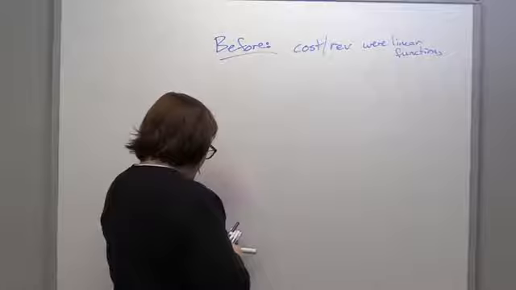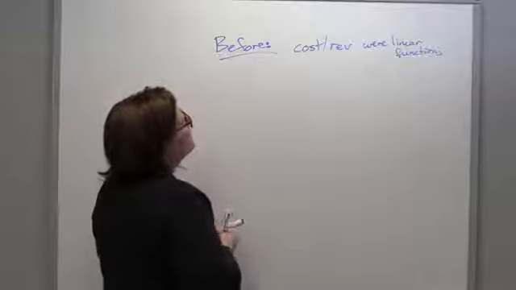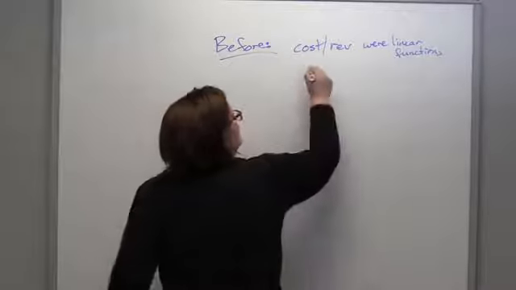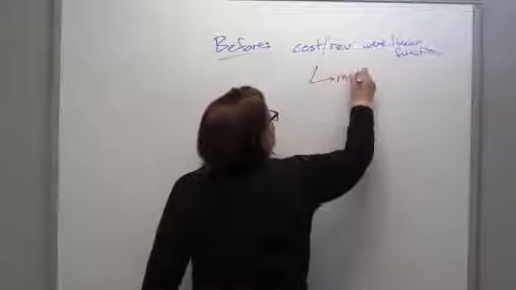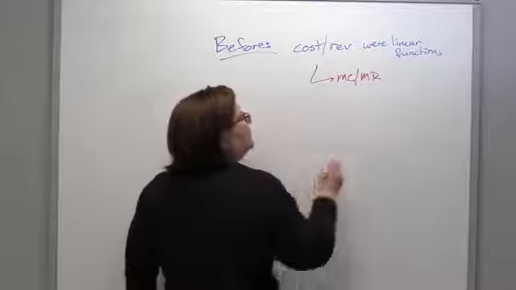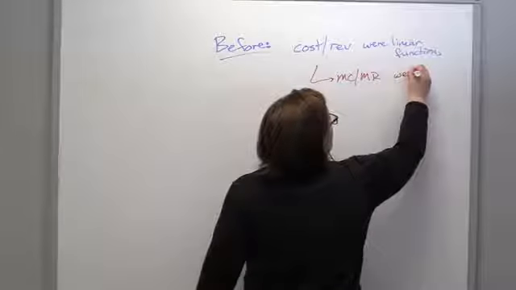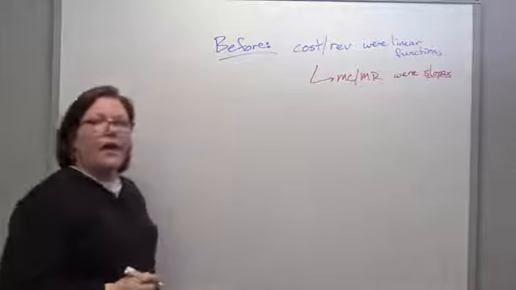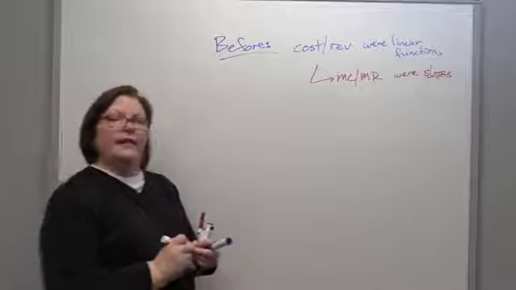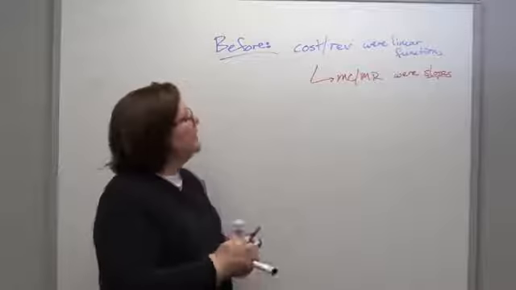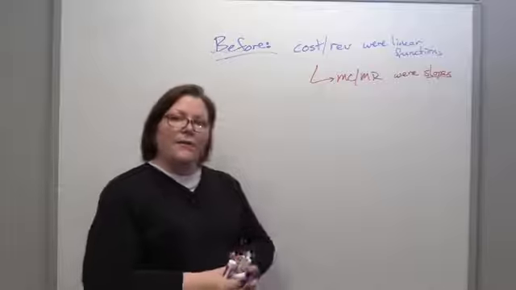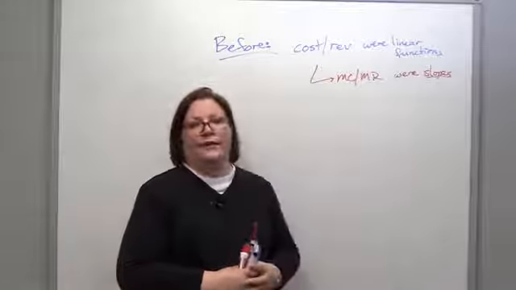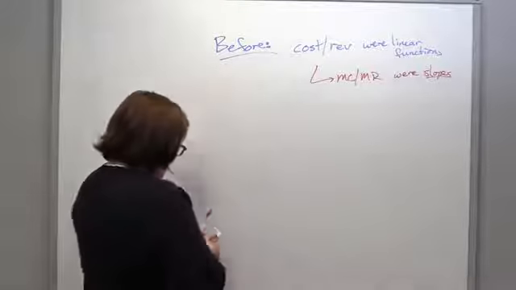And when that happened, we were told in chapter 1 that marginal cost and marginal revenue were the slopes. How we interpret that is that it gives us how much more our cost would be to produce one more item.